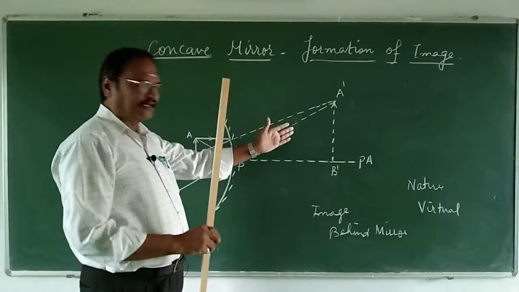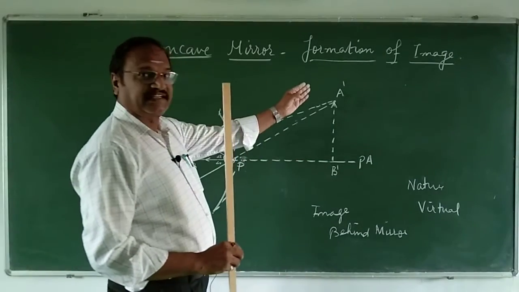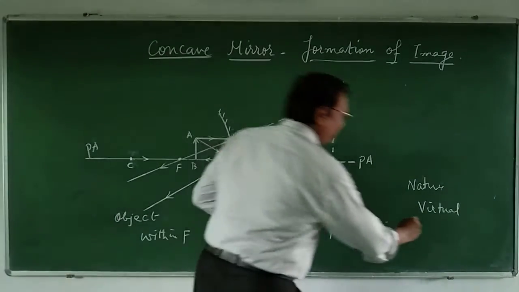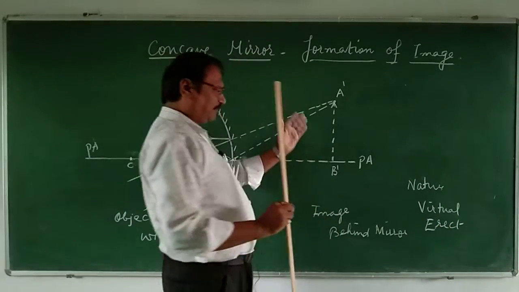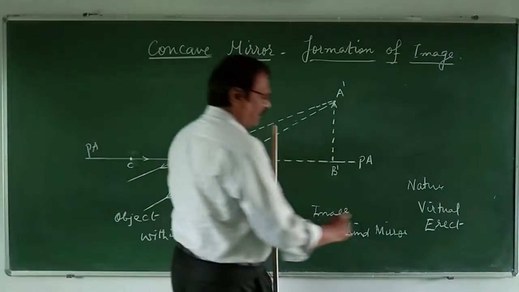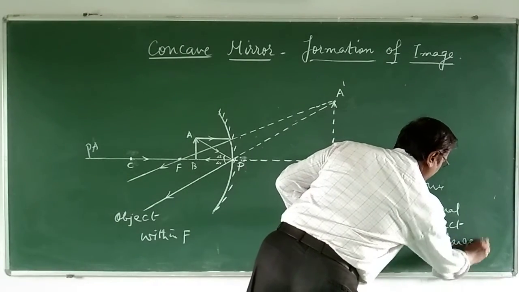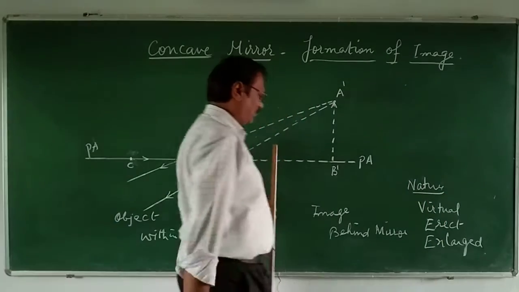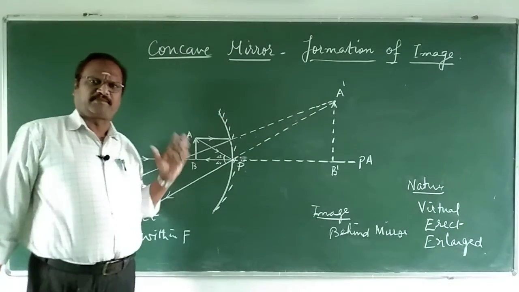It is behind the mirror. The mirror is opaque. And it is erect. Whenever it is virtual, the image will be erect. And third point, the object is small and this is big, and you get an enlarged image. So this is the nature, and this is the position of the image. I hope you are very clear about it.